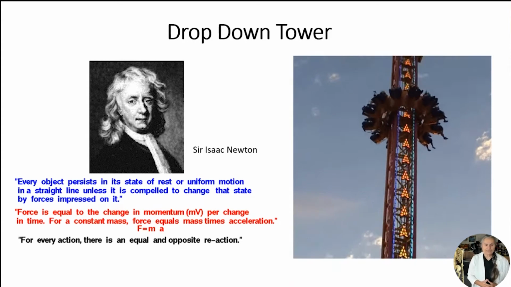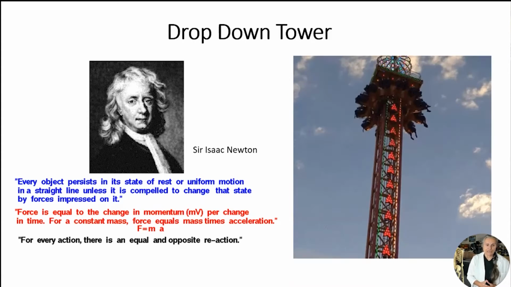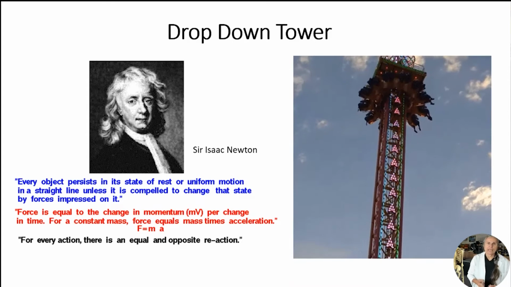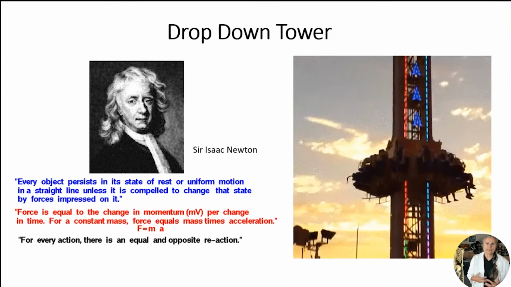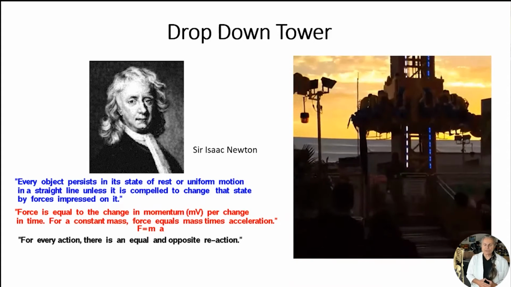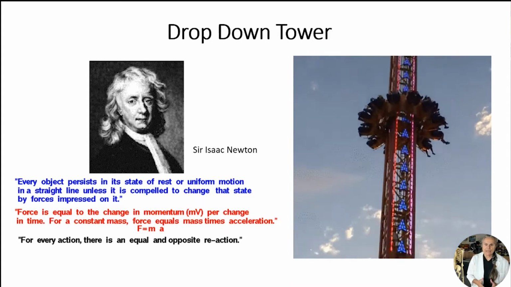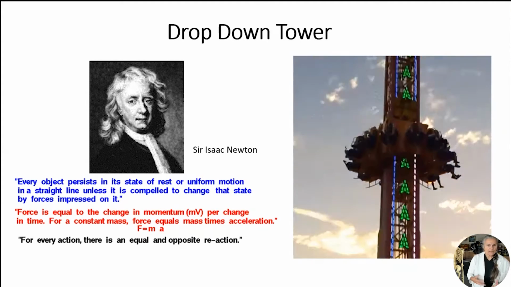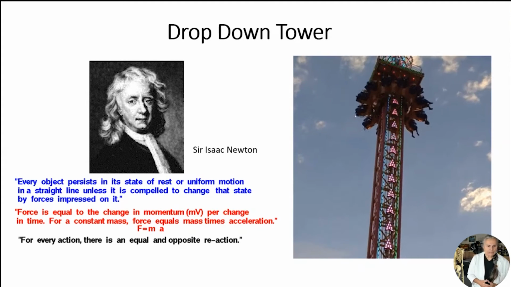But this very, very famous scientist, Sir Isaac Newton, he was an observer of nature. He was a mathematician and a naturalist. And what he tried to do was look at the world and figure out how you can mathematically make equations.